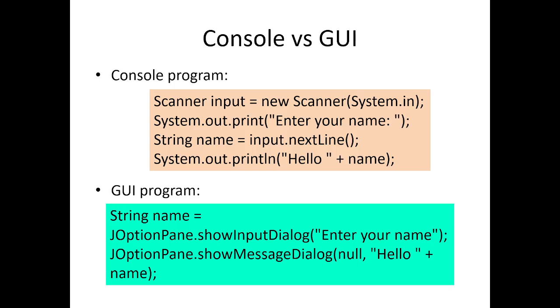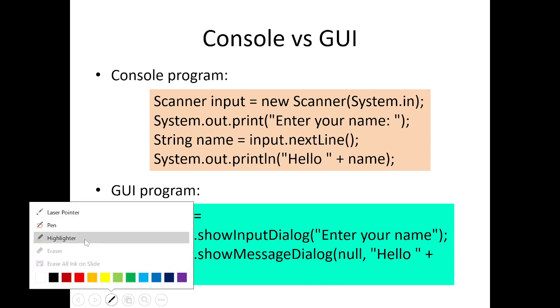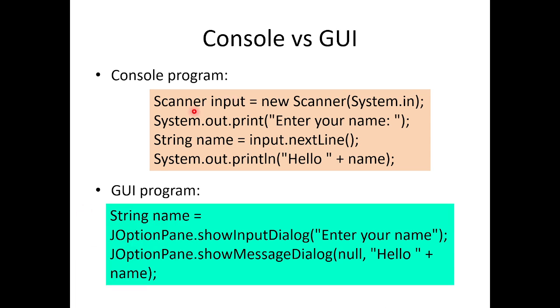Let's see the difference between console and GUI in terms of syntax first. You are familiar with Scanner input equals new Scanner(System.in). This is your object name under the Scanner library, which activates the Scanner function to start scanning the inputs.